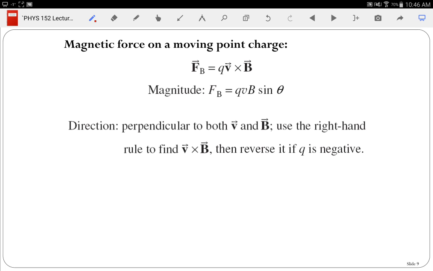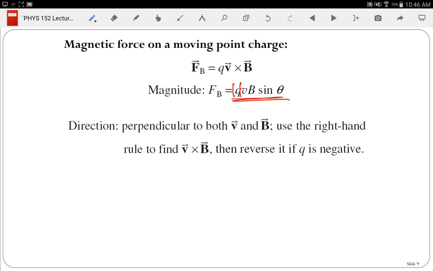Okay, basic things to do when calculating magnetic force. Actually, I have this on another slide. But calculate the magnitude separate from the direction. And in fact, just put an absolute value sign on that Q. Use the magnitude of the charge to find the magnitude of the force. So you're going to have a positive value.